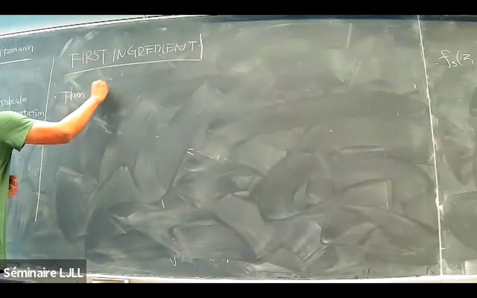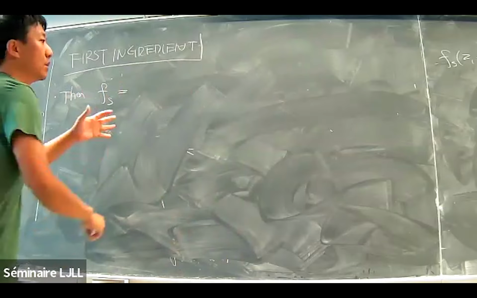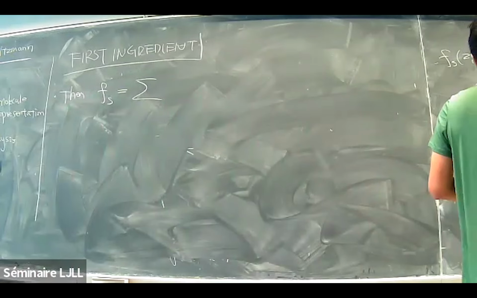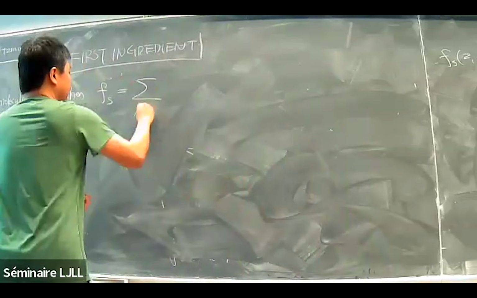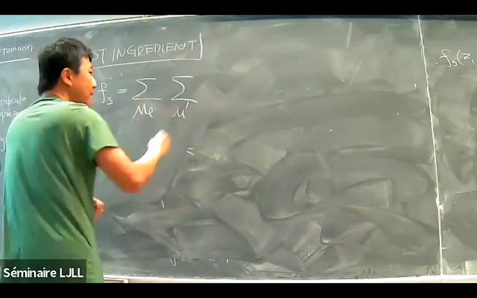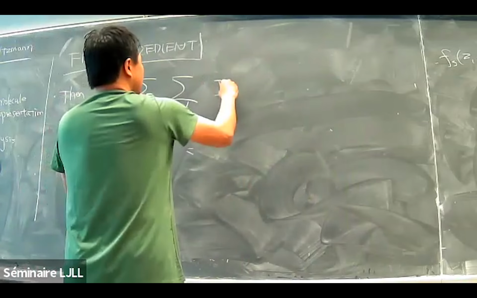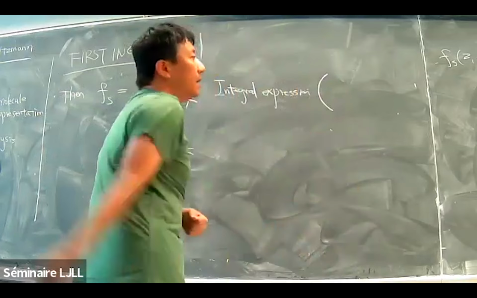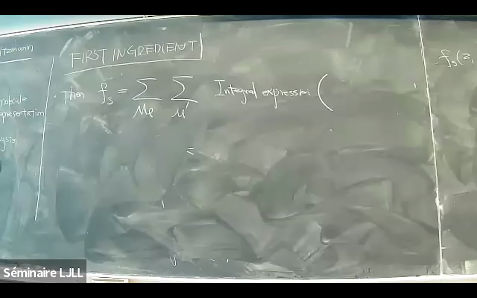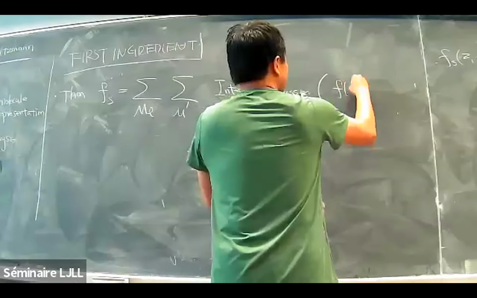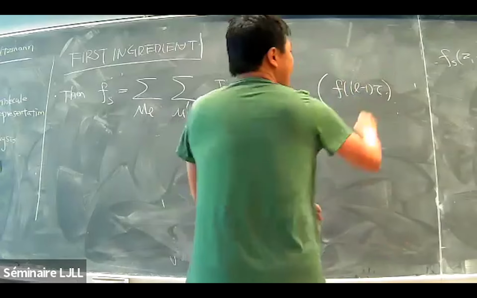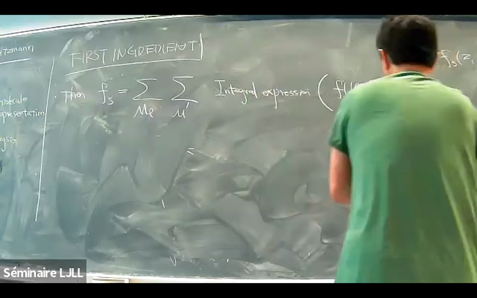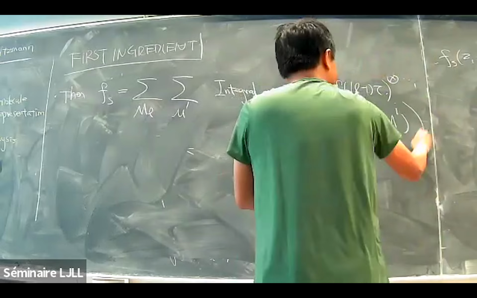And Fs is equal to the sum over ML, and sum over M prime, and then of this integral expression involving these Boltzmann solutions f at L-1 tau, and then we have this EH prime, and EH prime is expanding into the I of M.